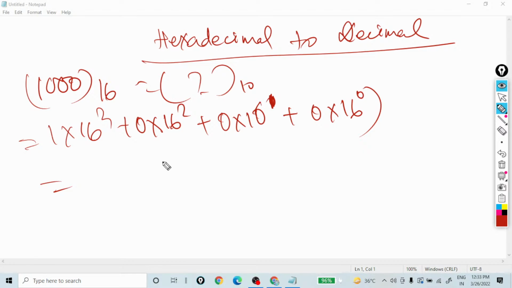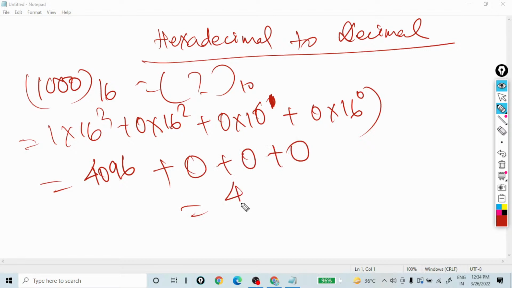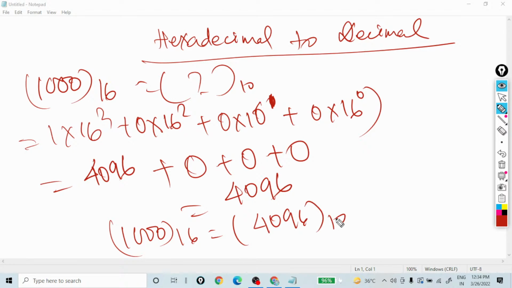So the answer here: 16 into 16 into 16 is 4096, plus 0 plus 0 plus 0. So the answer will be 4096. So 1000 in hexadecimal is equal to 4096 in decimal format.